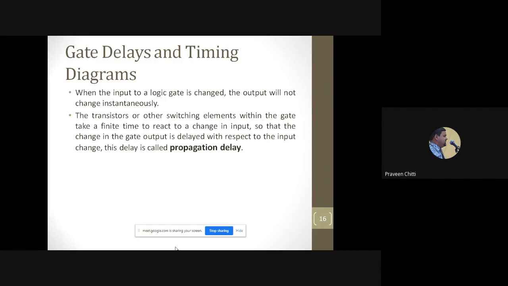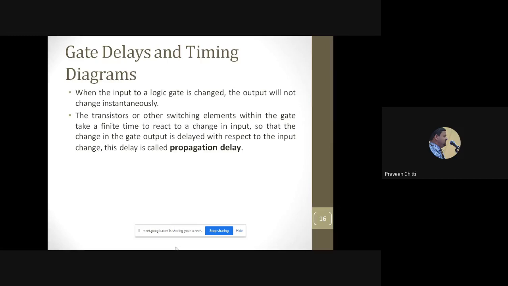So what exactly do you mean by propagation delay of the gate? The moment you give the inputs to the gate, the output also should be obtained instantaneously. But practically it doesn't happen because of the switching elements used in the gates. So whenever the inputs are changed, the output will be available after some delay, and that gate delay is called propagation delay.